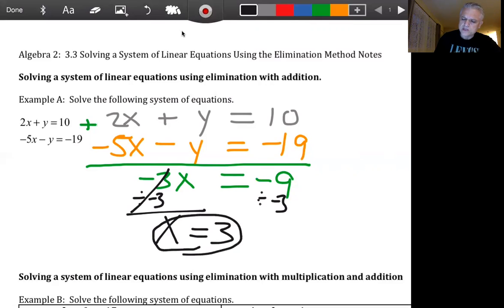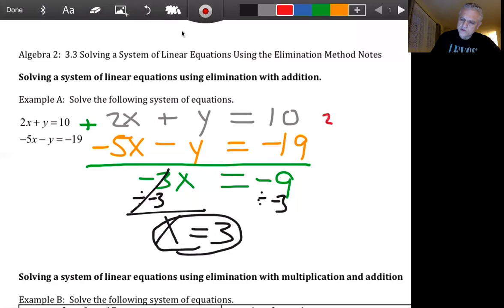So now, just like in substitution, we're going to take that 3 and substitute it into either of the original equations, and we're going to solve for the other variable. So if x is 3, let's use this first equation. Let's go with a different color. Let's go red.